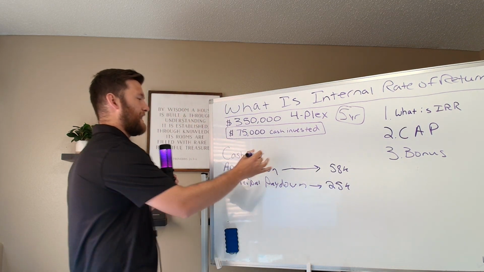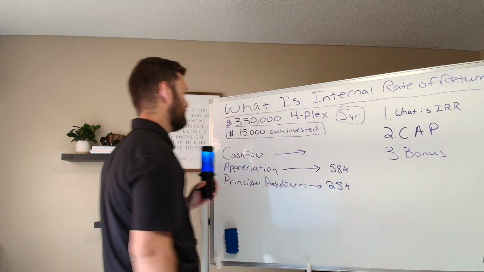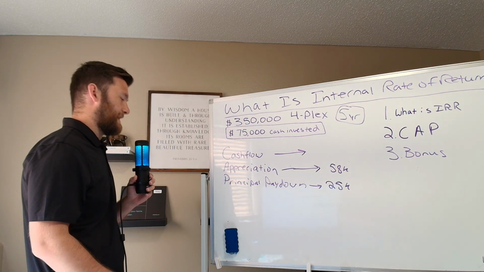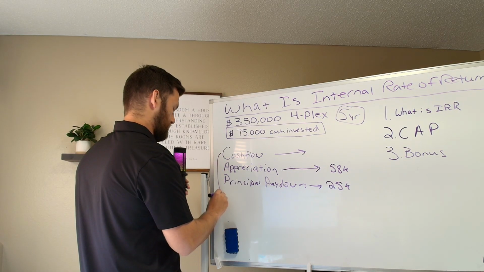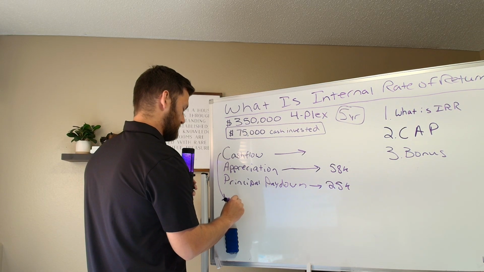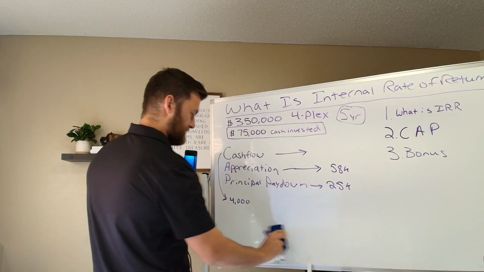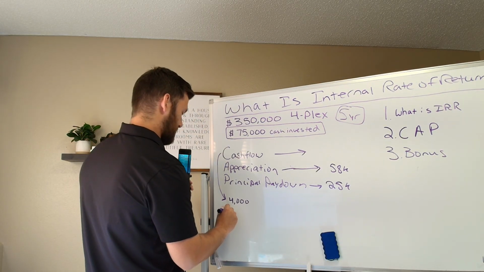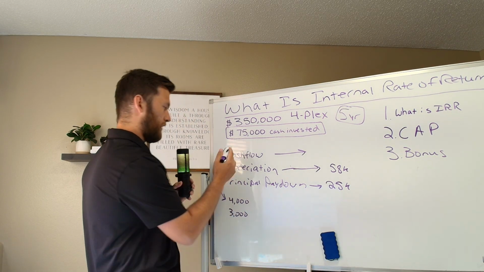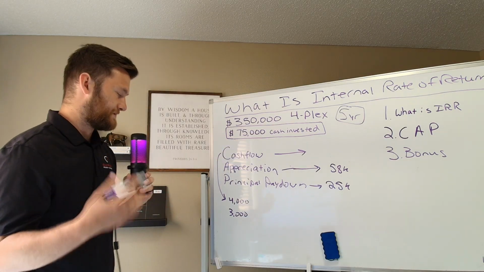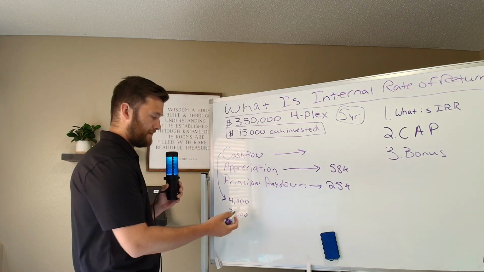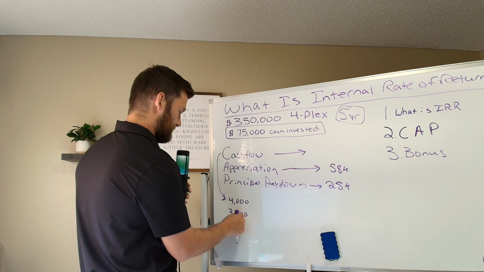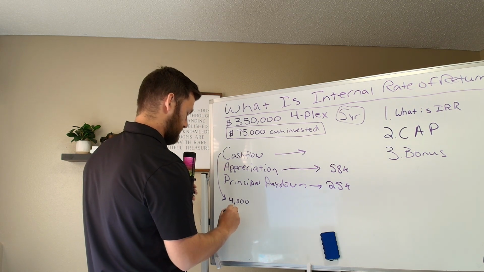Okay, and then cash flow. I'll just use a basic example. Let's just say you're getting about $4,000 in rents. Your expenses are roughly your mortgage, your property taxes, your insurance, your maintenance, some vacancy, which is going to add up to about $3,500.